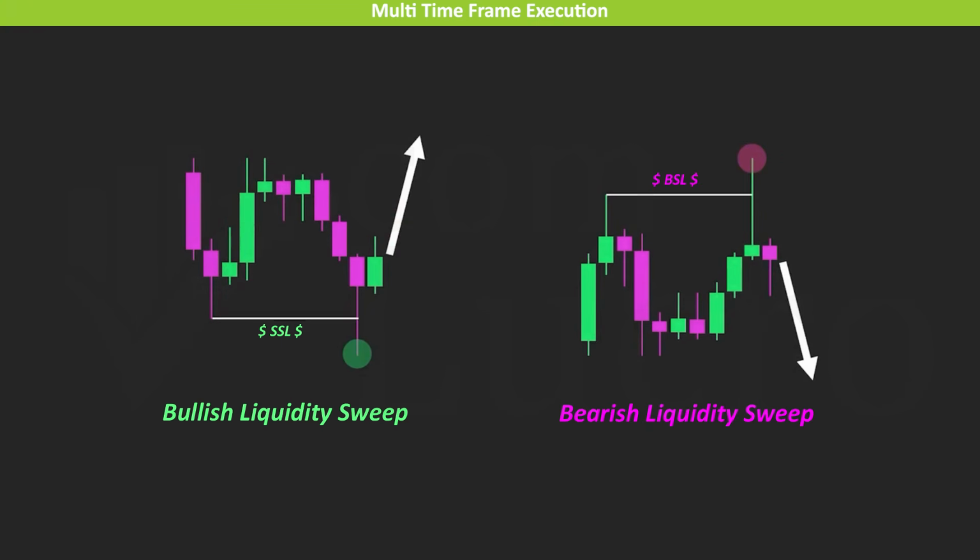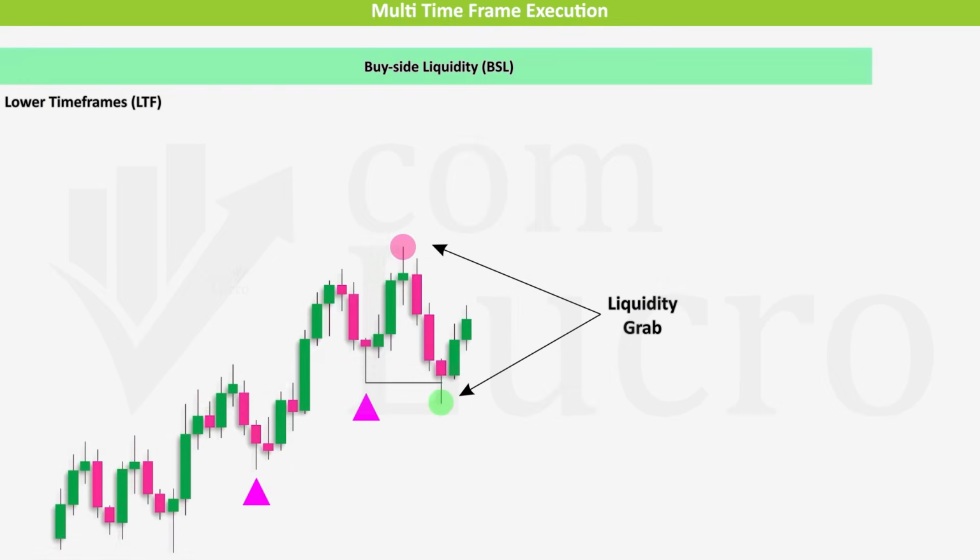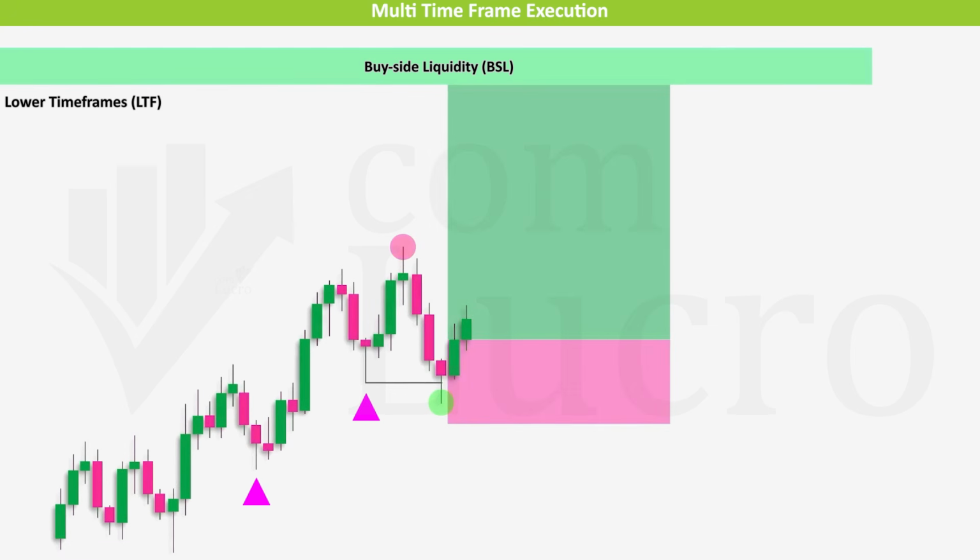In contrast, a bullish liquidity grab forms when price trades below a previous low and then rapidly returns back inside the range. This indicates that sellers were unable to sustain lower prices and that the market rejected that downside move, signaling bullish momentum. Once a bullish liquidity grab has been identified, the trade can be entered as soon as price returns inside the range.